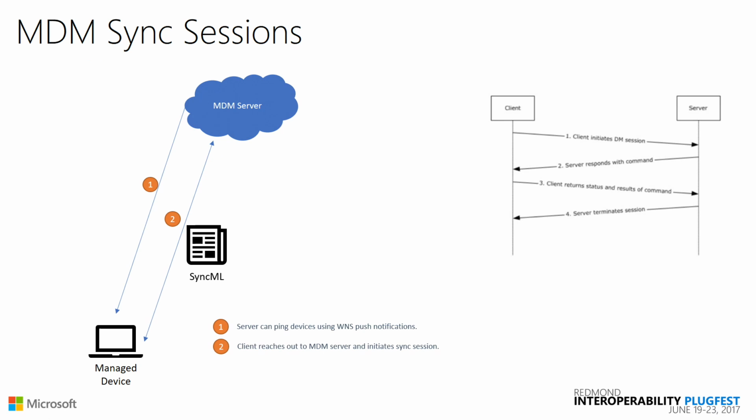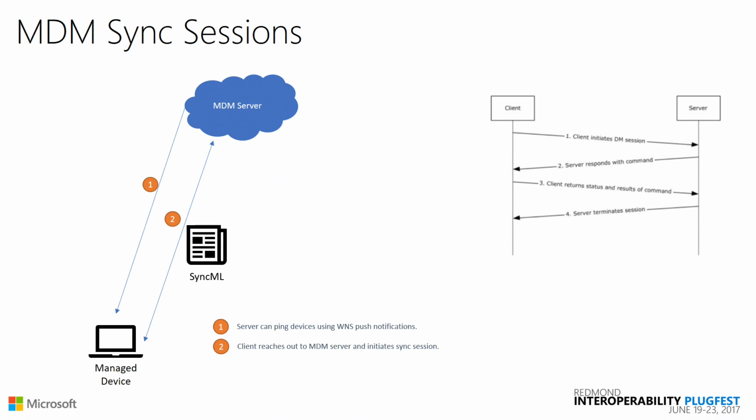And the way that the actual interactions work between client and server, you start the DM session by sending out a very basic SyncML to the server. Generally, this includes very basic device information, so it includes hardware identifiers and the current state of the device. The server then replies back and tells you whether or not you have any updates.